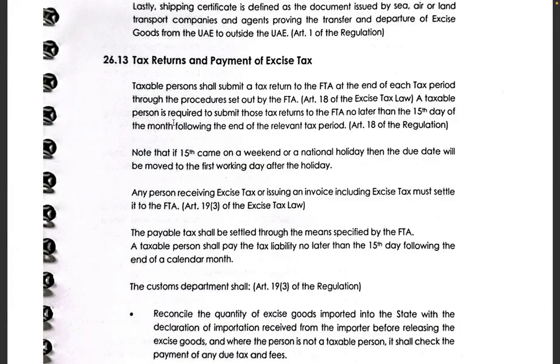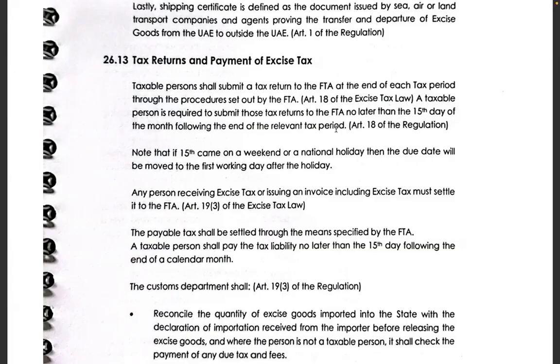A taxable person is required to submit those tax returns to the FTA no later than the 15th day of the month following the end of the relevant tax period.